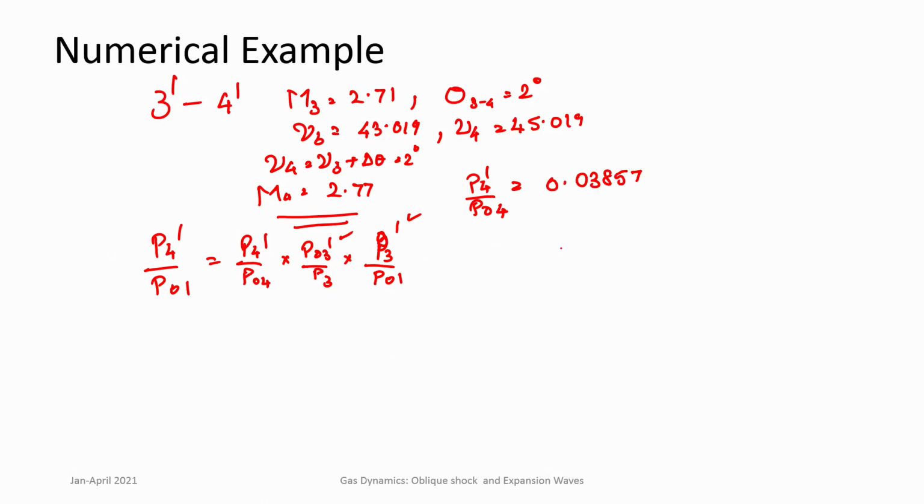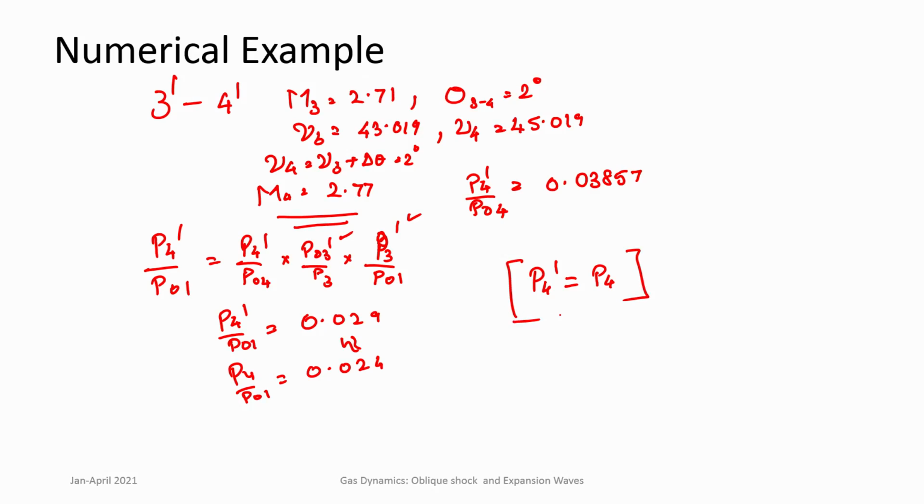If you do the multiplication of all these numbers, you get P4 prime by P01 is 0.029. P4 by P01 in the previous calculation was 0.024. They are very close to each other. The idea is that the pressure P4 prime should be equal to P4. We have of course some round off errors, but even considering them, these are very close. So it actually satisfies the relation P4 prime equal to P4.